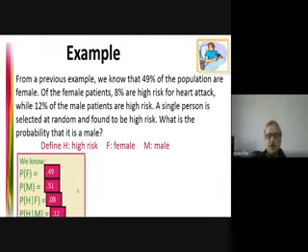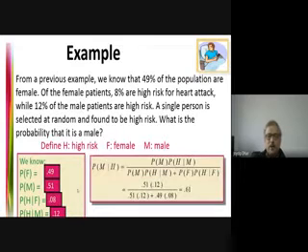Now a person is randomly selected and found to be at high risk of heart attack. What is the chance that the person is a male? We have to calculate the probability of male given high risk.